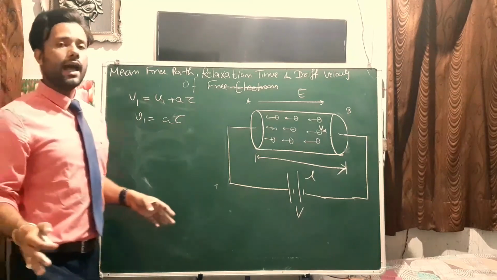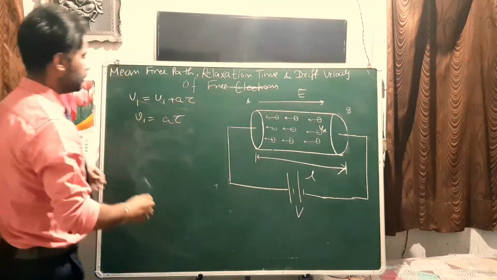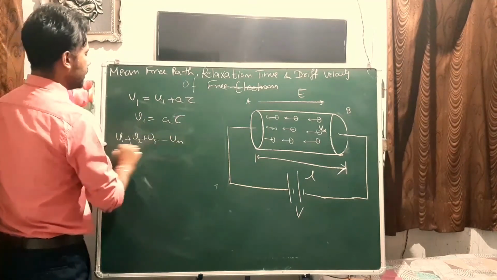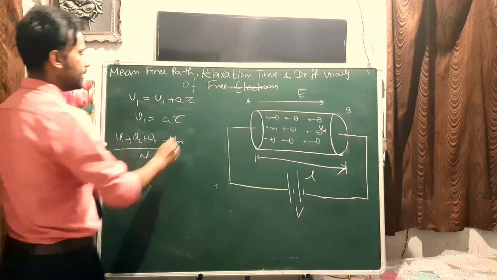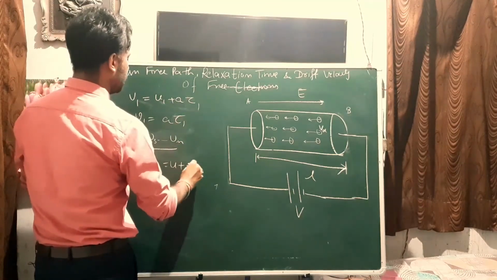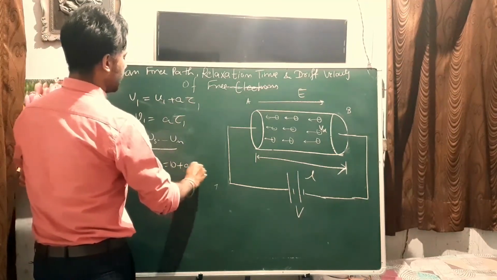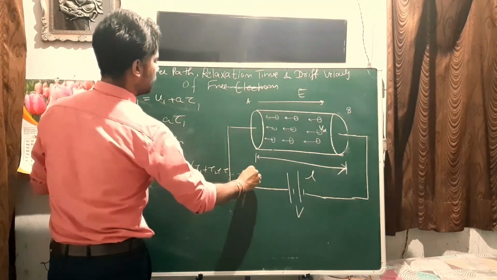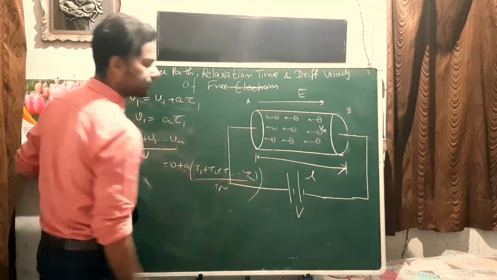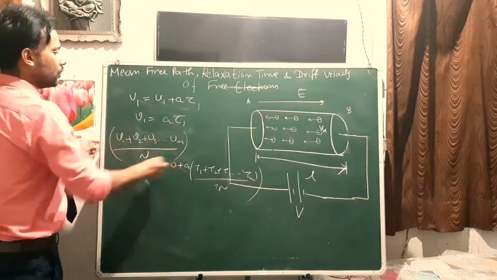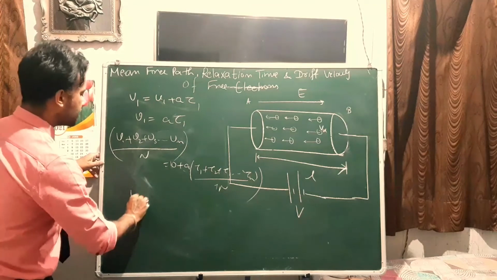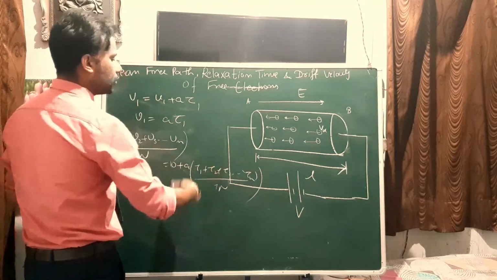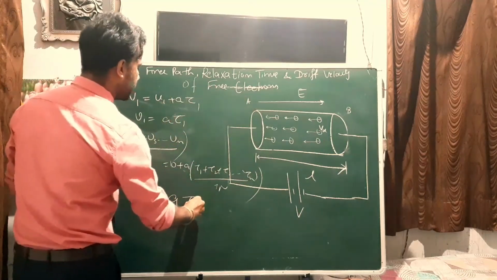So if you find the average velocity of all the electrons, you will get (v1 plus v2 plus v3 up to vn) divided by n, equals u plus, which is 0, plus a times (tau 1 plus tau 2 plus tau 3 up to tau n) divided by n. So the average velocity of electrons, known as the drift velocity Vd, equals a tau, where the total average time is the relaxation time.